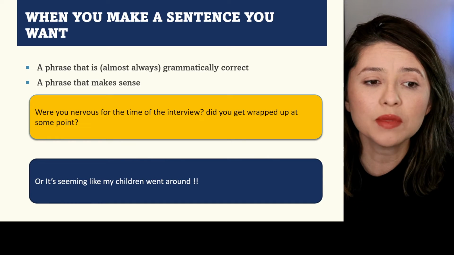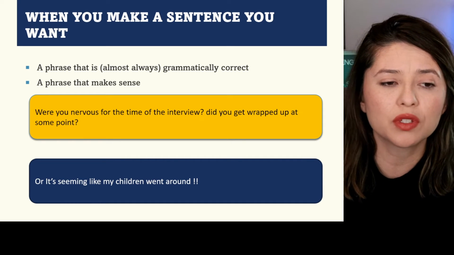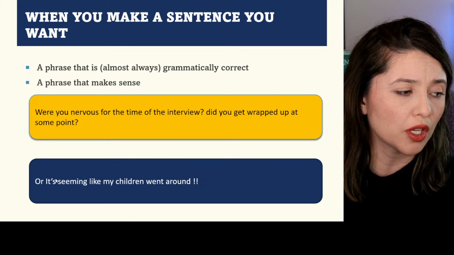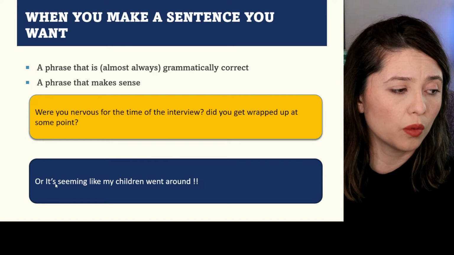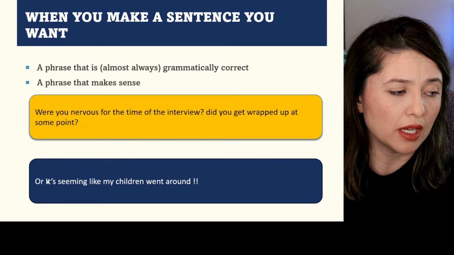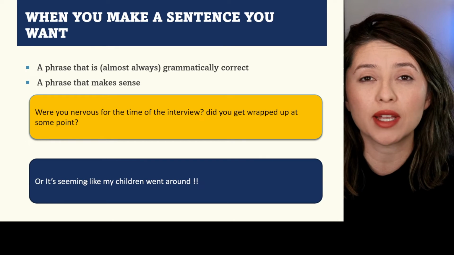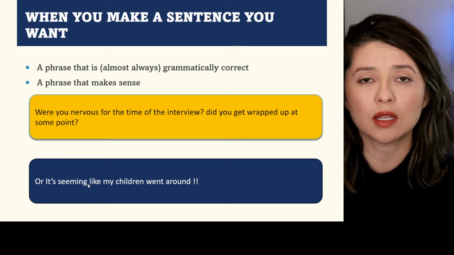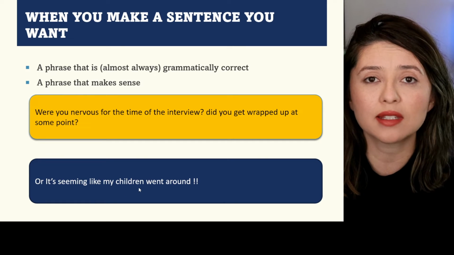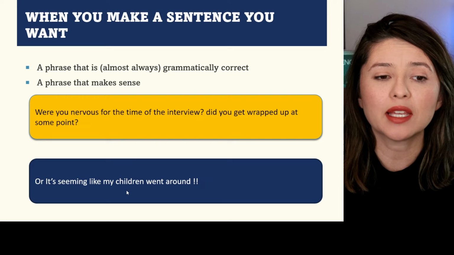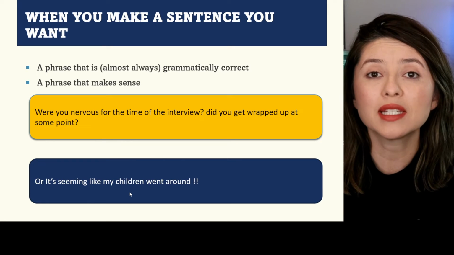So it seems, and then also he used the verb to be here, which he shouldn't have. That's why he also said "seeming," because he added the verb to be here. But we don't say it in the present continuous form, it's just a simple present sentence. So, it seems like my children went around.